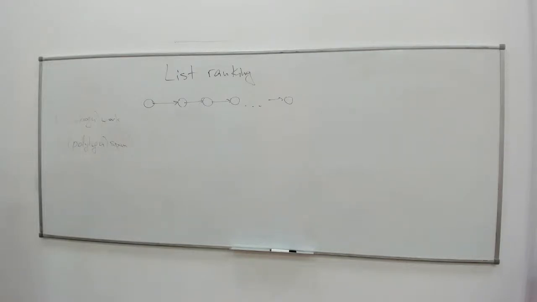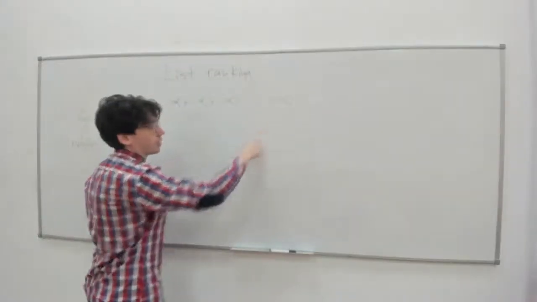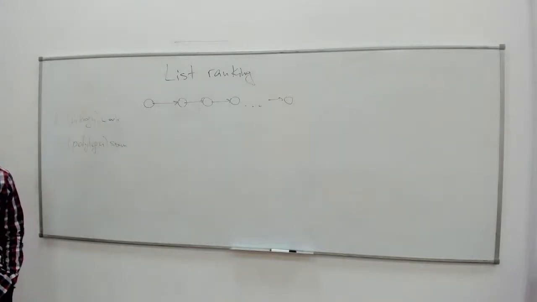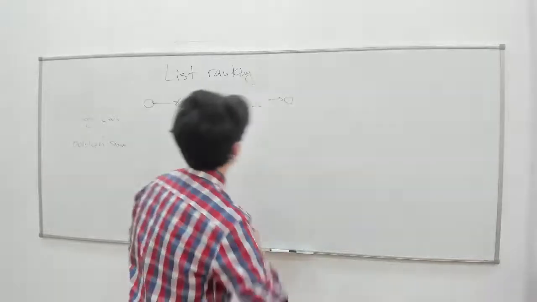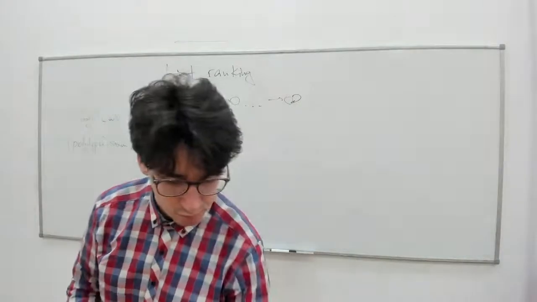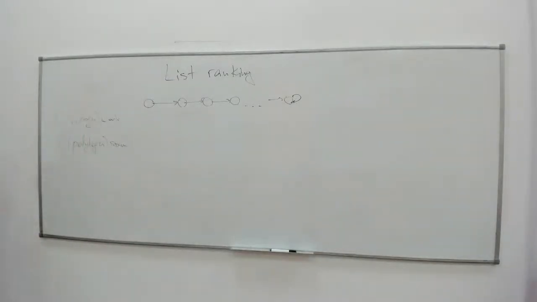We have only the pointer to this node, to the end. And that's it. That's all that we know. Then we can't reach the others. Probably this one here points to itself. Okay, got it.